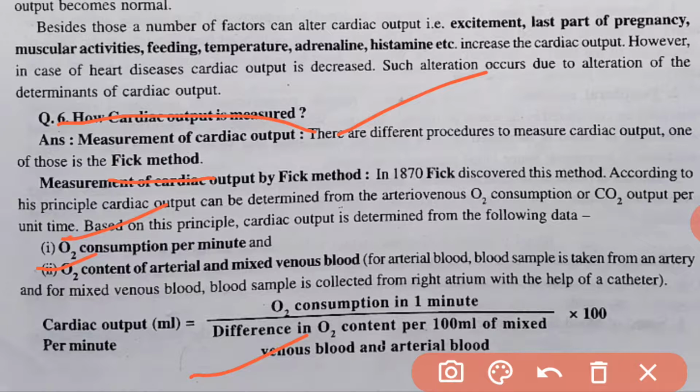For arterial blood, a sample is taken from an artery, and for mixed venous blood, a sample is collected from the right atrium with the help of a catheter.